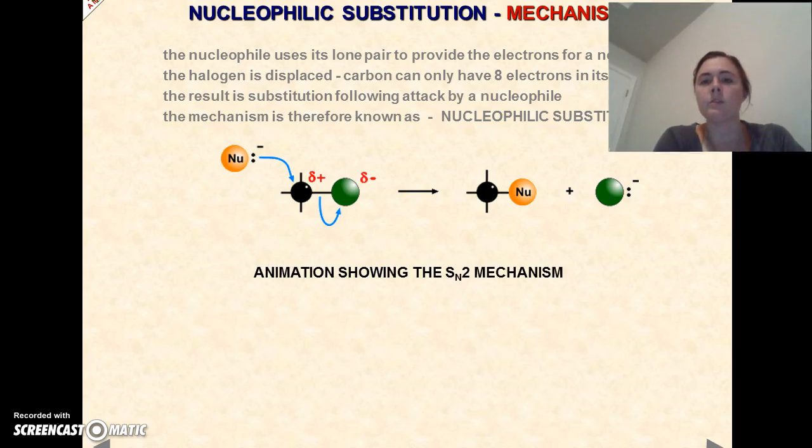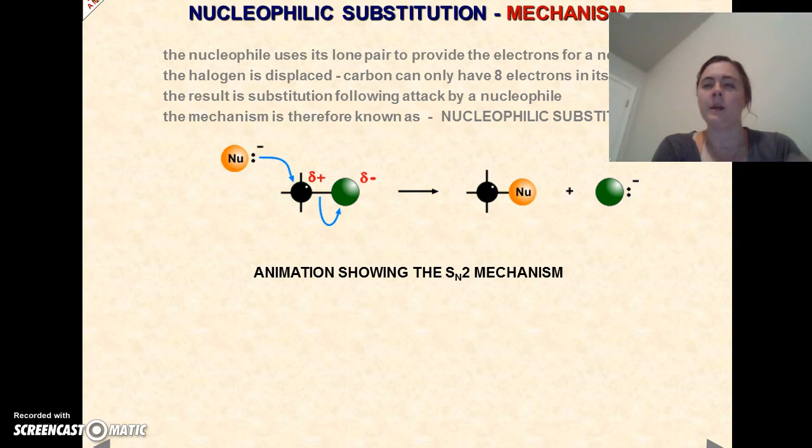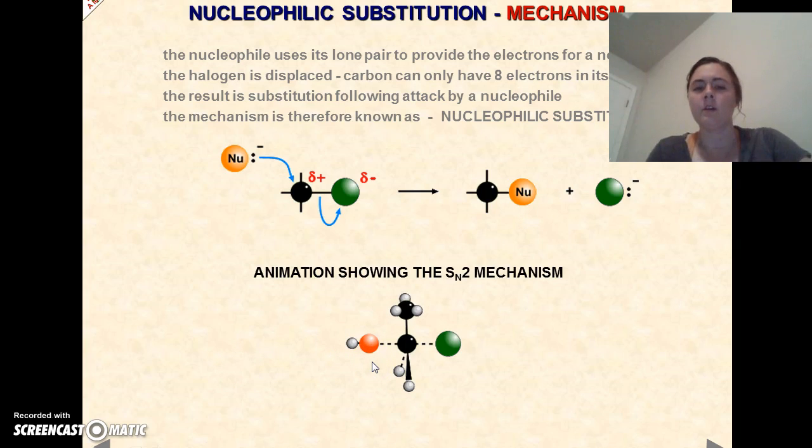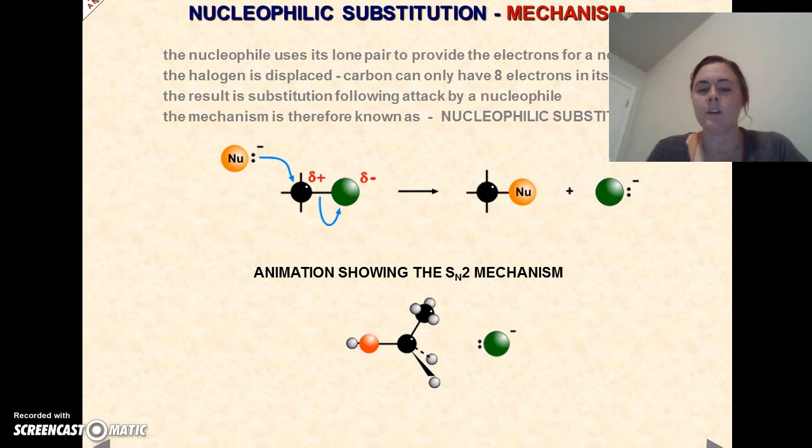Okay, so this is what's called the SN2 mechanism, this nucleophilic substitution. And it kind of works like an umbrella. I wish it would show the full mechanism here, but, oh, there it goes. Perfect. You see sort of an umbrella turning inside out.